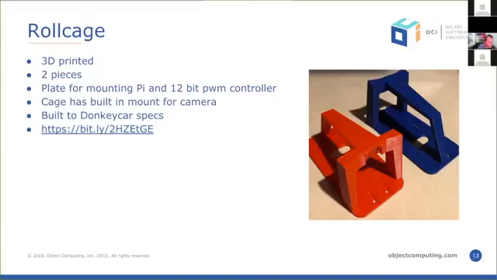This also is a really nice design because it angles the camera down 15 degrees, so it's looking down at the ground. And it mounts our Raspberry Pi board directly on it and our Servo board. So everything's kind of neatly tucked in there, and gives it some protection too when it crashes into things.